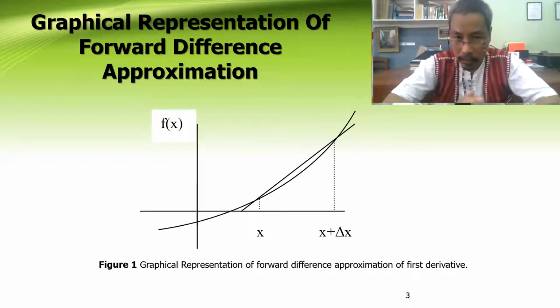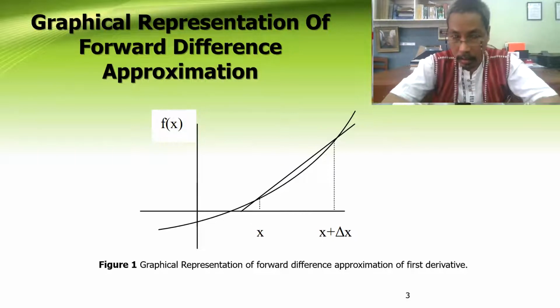As you can see, there are two important points in order to define a slope. x and x + Δx are the 2 points that allow us to calculate the slope and become an estimate of our derivative. Again, I would like to remind everybody that the derivative is slope in physical terms.